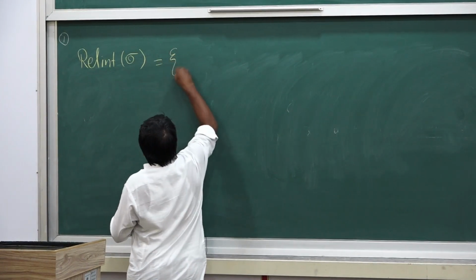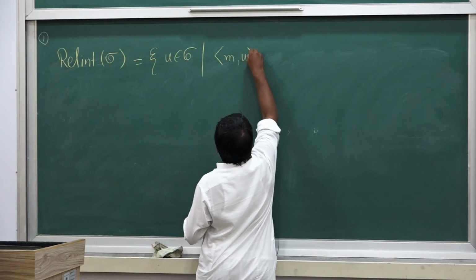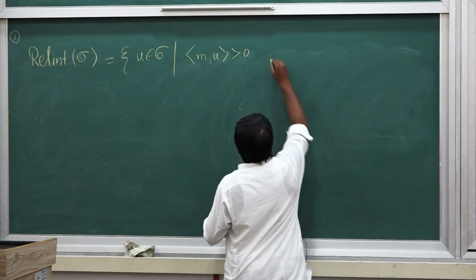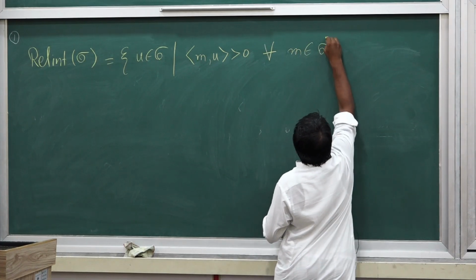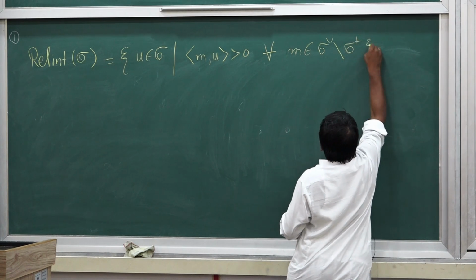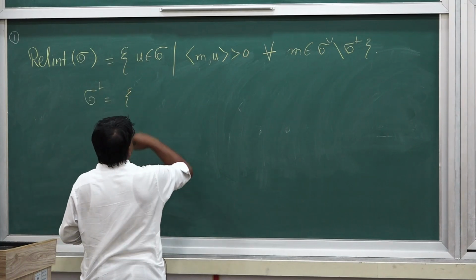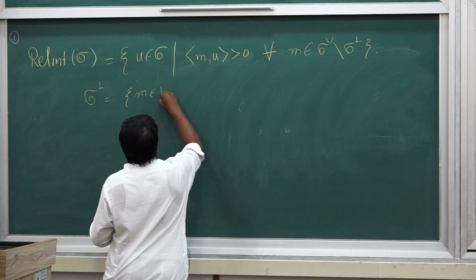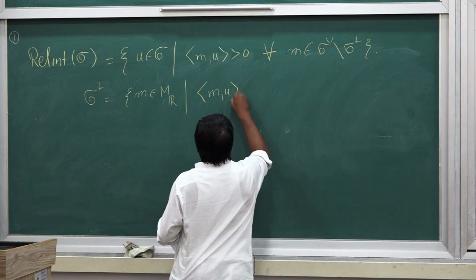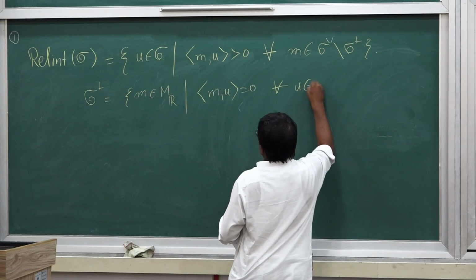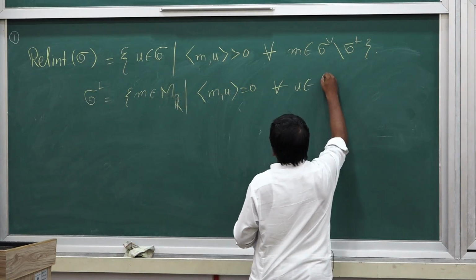Okay, and this is all u belonging to the cone such that <m, u> is strictly greater than 0 for all m belonging to sigma dual minus sigma orthogonal, where this sigma orthogonal is the set of all m belonging to M_R such that <m, u> equals 0 for all u belonging to sigma.